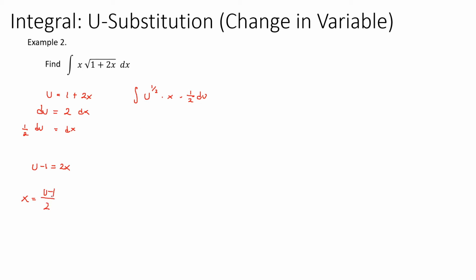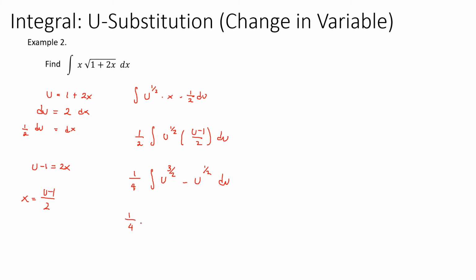If you substitute (u minus 1) over 2 for x, we have 1/2 integral of u to the 1/2 power times (u minus 1) over 2 du. We do have a constant 1/2, so I'm going to factor that out to be 1/4. So we have the integral of u to the 3/2 power minus u to the 1/2 du.